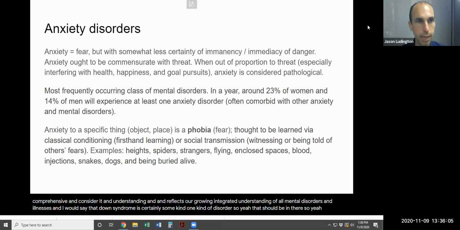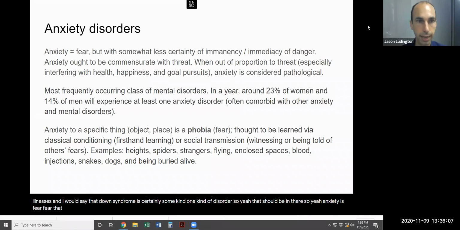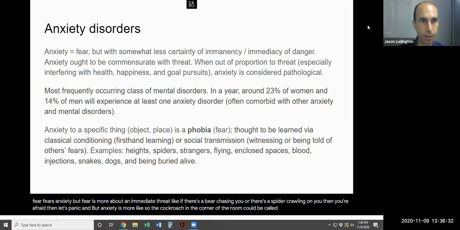So yeah, anxiety is fear, fear is anxiety, but fear is more about an immediate threat, like if there's a bear chasing you or a spider crawling on you, then you're afraid. Then that's panic. But anxiety is more like, the cockroach in the corner of the room could be called fear.